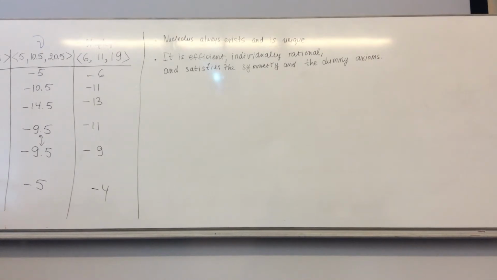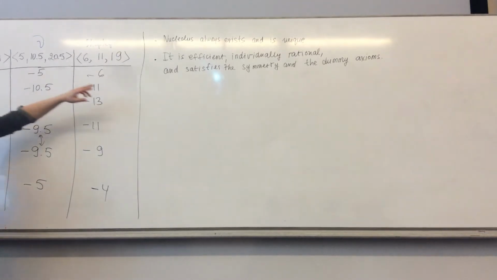The symmetry axiom says if we have two agents, i and j, whose marginal contribution to each coalition is the same, their payoff must be the same. That's symmetry. So the nucleolus satisfies that. Dummy means if I have an agent that does not contribute anything to any coalition at all, his payoff must be 0, and the nucleolus satisfies that as well.